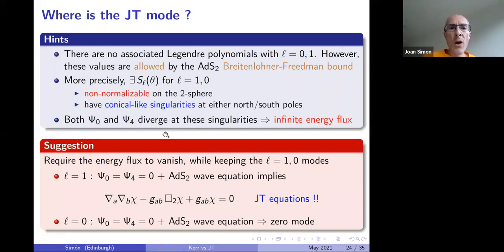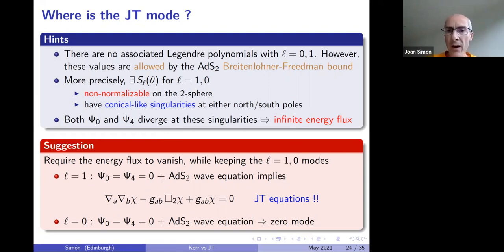Now, when we realized this, and I don't have a better way of justifying this, so let me just make the technical realization that we had at that time. We thought, okay, so these modes exist mathematically, but they have this divergent physical behavior. What about trying to keep them by requiring that the energy flux vanishes?